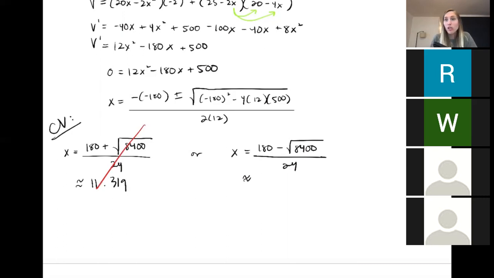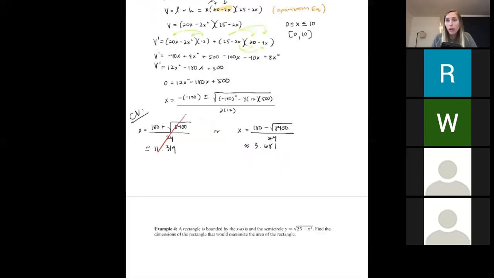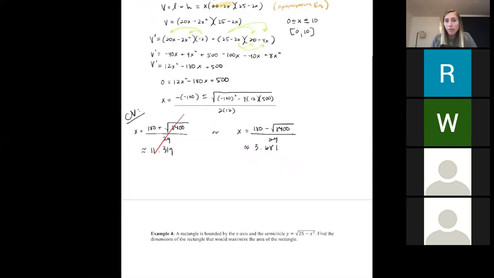That's too big, too long. You can't cut that many inches into both sides of the tin. And then if we did 180 minus, we get approximately 3.681. So that will be our critical value on that interval.